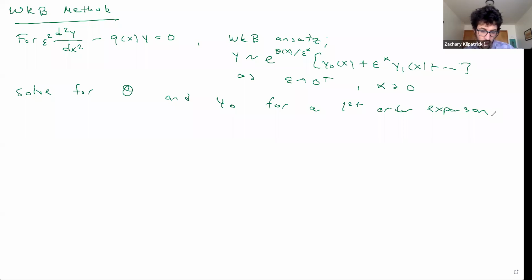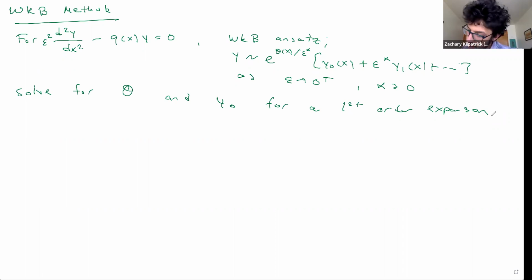Okay, so in order to measure the error of the WKB expansion, you have to go to higher order than we went for the general example that we took.